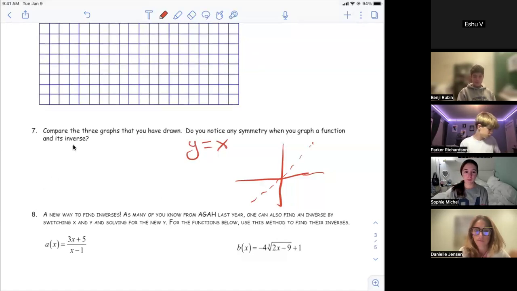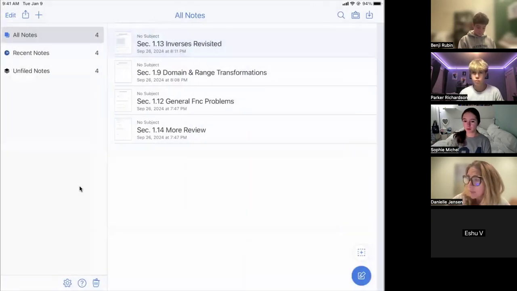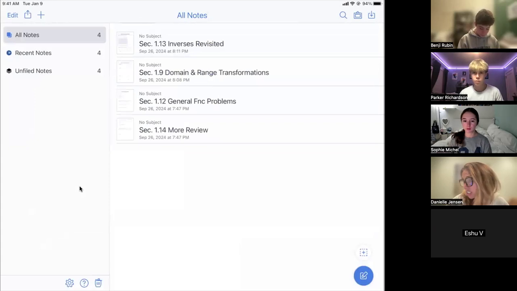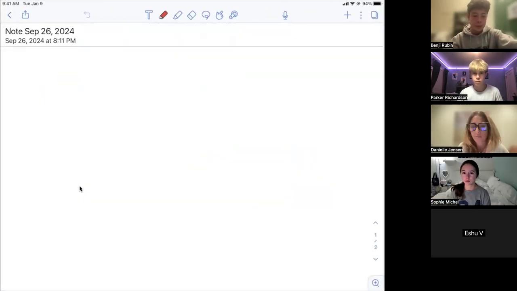All right, great, thanks. Yeah, Sophie? How do you know if an odd function is invertible or not? Great question. It depends. Some odd functions are, but some aren't. So what makes something an odd function, if you look at the graph?